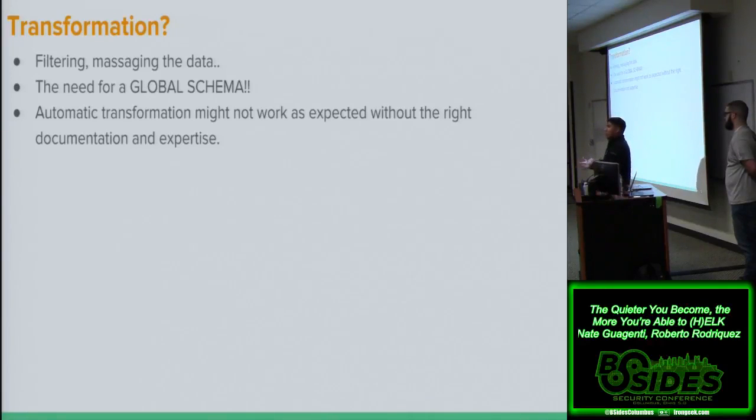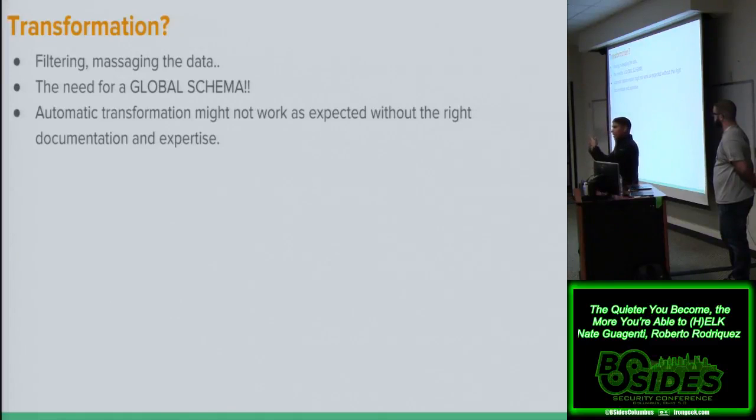But when it goes to a different log, like 4648, which is for explicit credentials, you still have two usernames. But the first one is the one actually performing the action, let's say impersonating a different user or starting a new process with a different user. Some people call the first one, the one performing the action, the source username, and they call the second one the username.